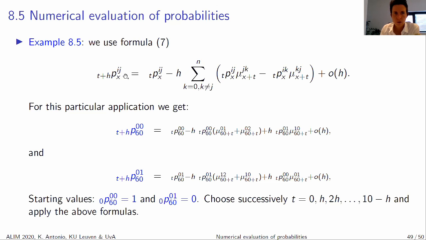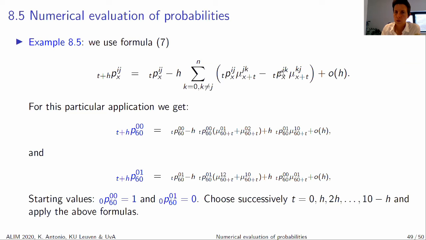If I start here with i and j both equal to 0, then ij is equal to 0,0. And then I have to think about which transitions are possible out of state 0, so I have to work with mu01 and mu02.